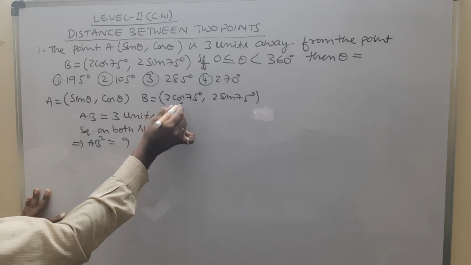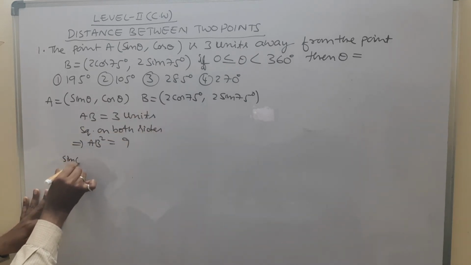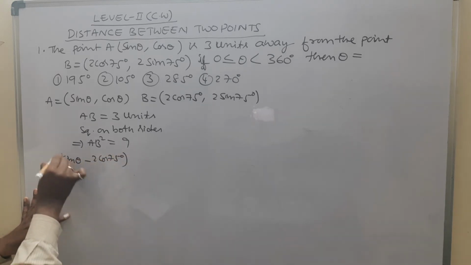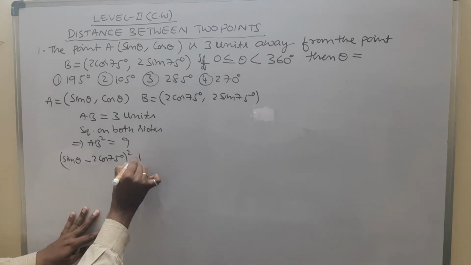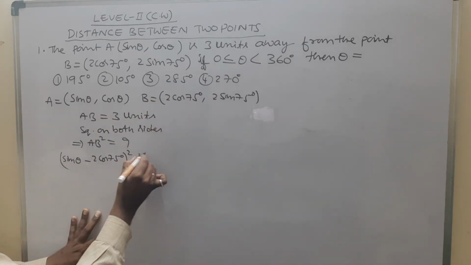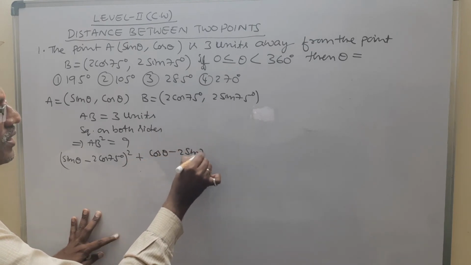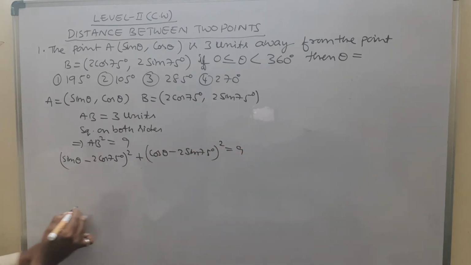Sin theta minus 2 cos 75 degree whole square, difference of x coordinate whole square plus difference of y coordinate whole square, cos theta minus 2 sin 75 degree whole square equal to 9.